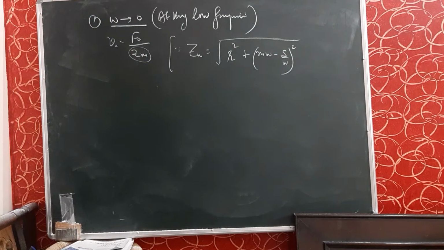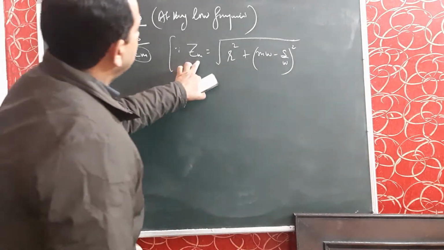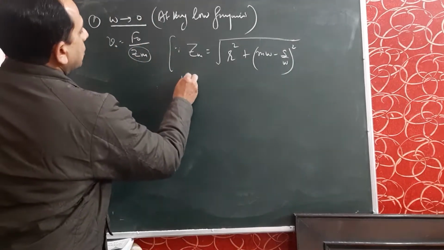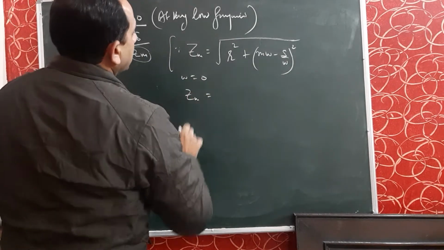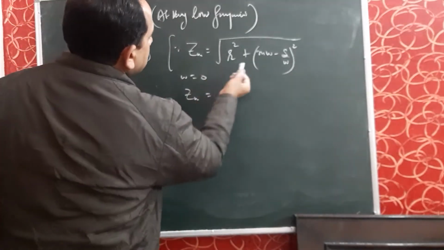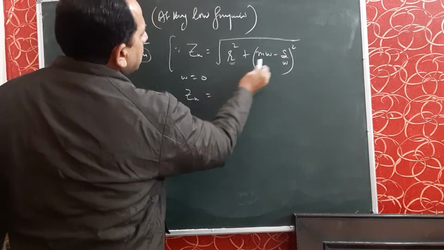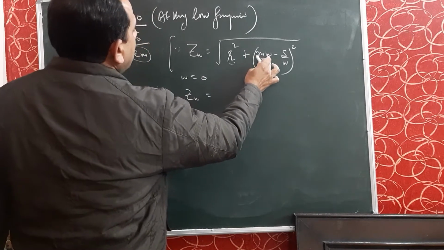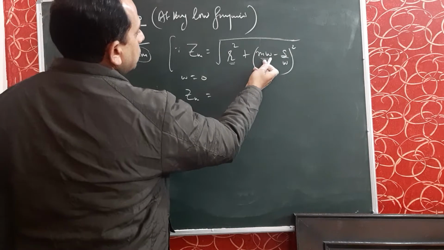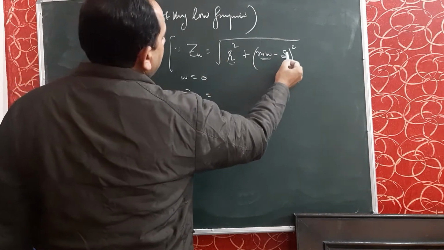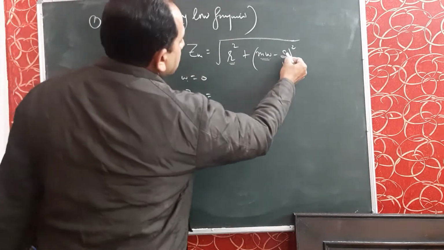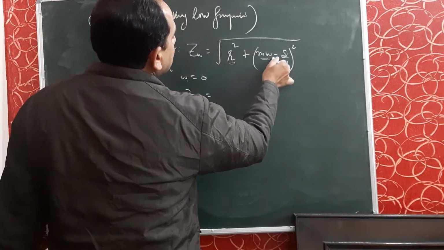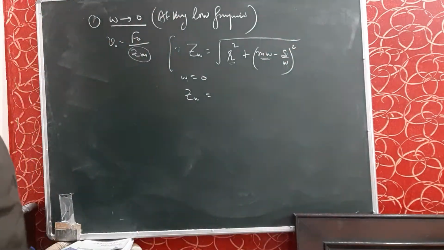When omega tends to 0, r remains r, and m into omega becomes m into 0, which is 0, so this term will vanish. Ultimately s upon omega becomes s upon 0, which is infinity, minus infinity whole square.